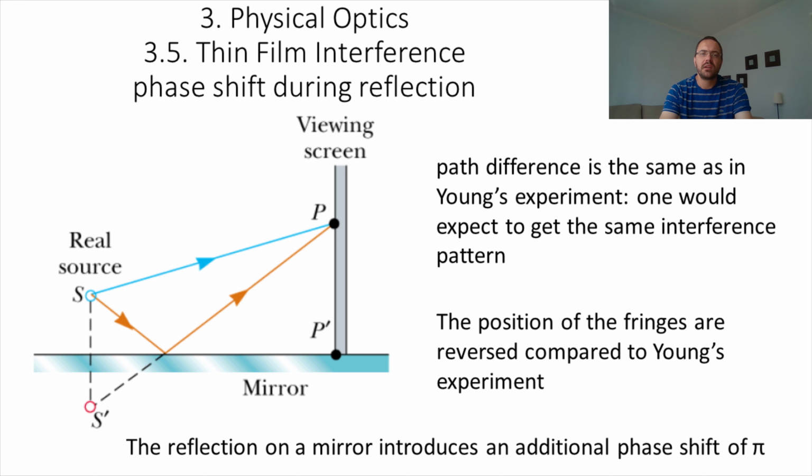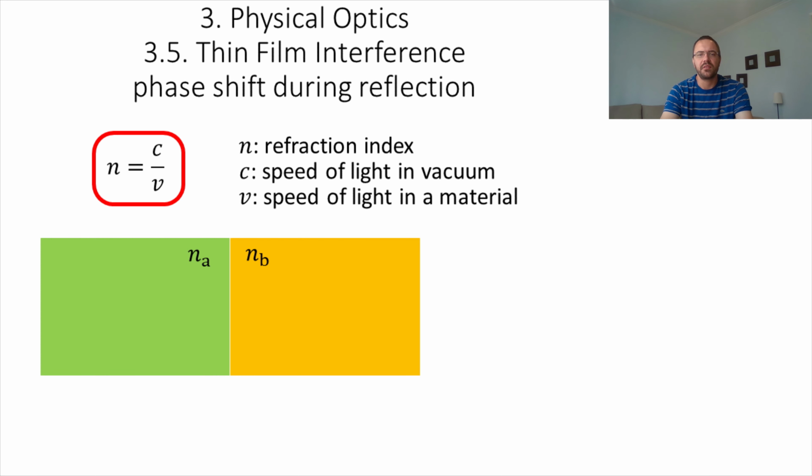Something you will learn later in physics classes is that the reflected electric field depends on the index of refraction of the two materials at the interface. The index of refraction is the ratio of the speed of light in vacuum to the speed of light in a material. So if you have two materials in which the speed of light is different, then they will have different indices of refraction.